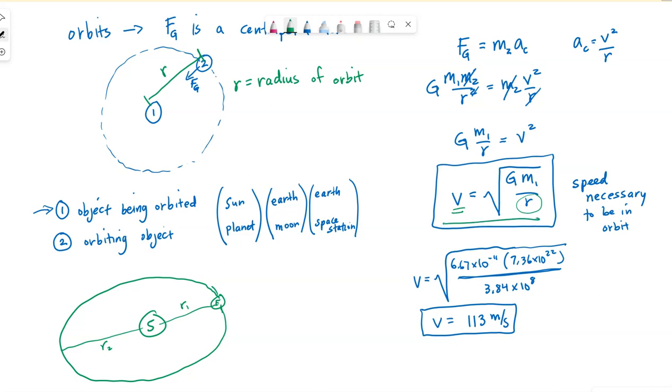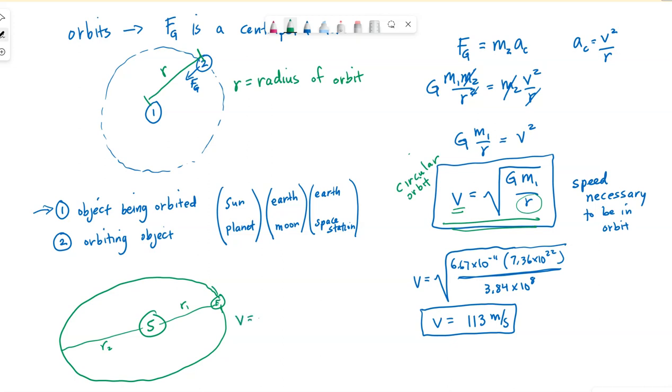This equation is assuming a perfectly circular orbit, but it also helps explain that the speed will change. The orbiting speed changes as the distance from the sun changes.